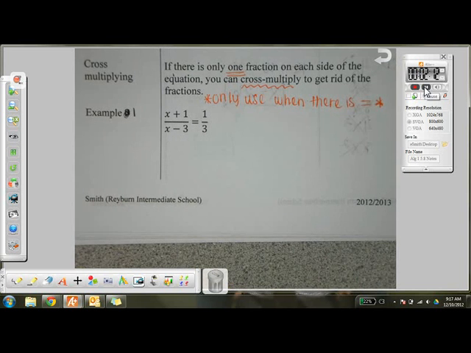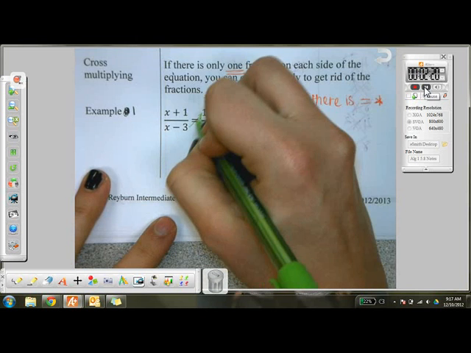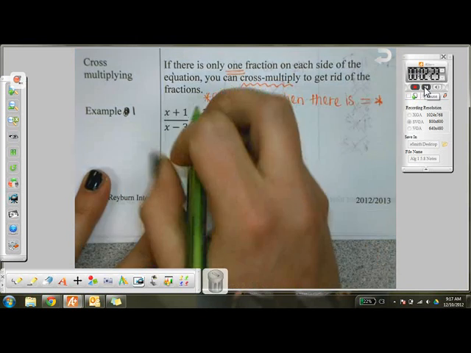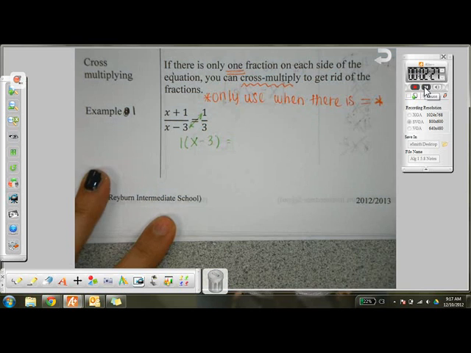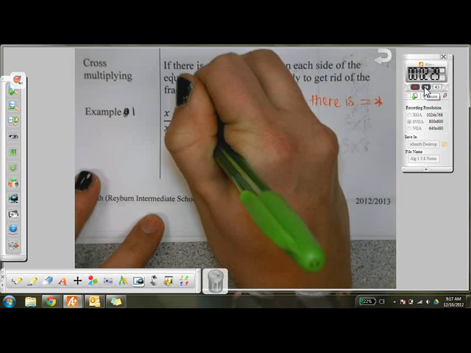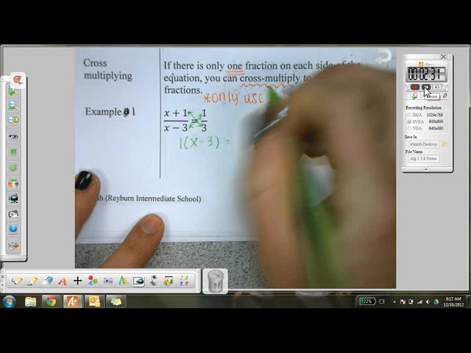Yes. Second question, is there an equal sign? Yes. So can I cross multiply? Yes. So I always go to the right first, so that's going to be 1 times x minus 3 equals, the equal sign does not go away, and then we multiply the left: 3 times x plus 1.